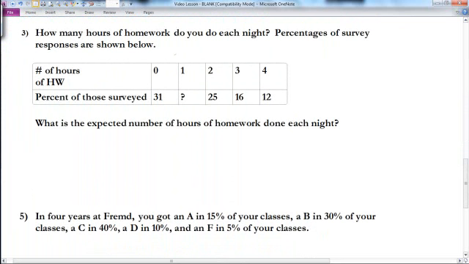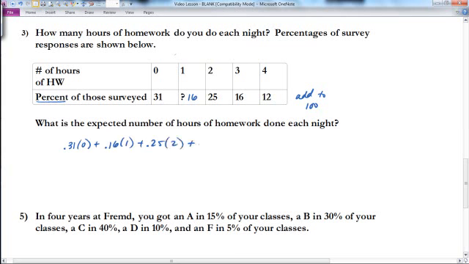In this case, the percent of people that have been surveyed for the number of hours of homework done needs to add up to 100. So if I look at the numbers that I have and take 100 and subtract each of those values, we will find that the missing percentage is 16%. And then when I'm calculating the expected value, the expected number of hours of homework done each night will be each of these numbers written as a decimal, so 0.31 times 0 plus 0.16 times 1, and so on.